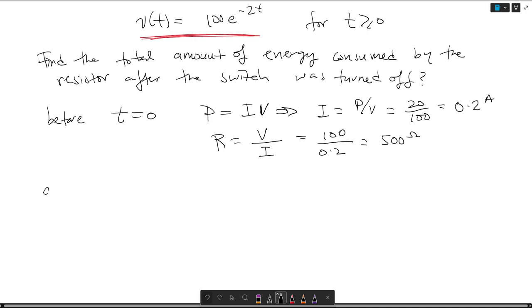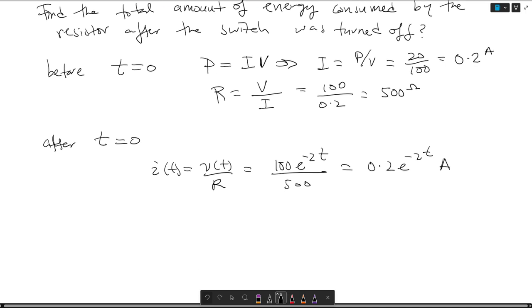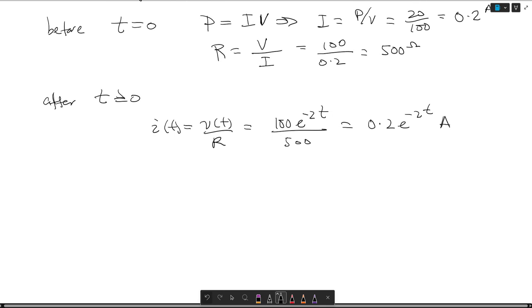And then after t equals 0, so the switch is turned off, i(t) equals v(t) over R, which equals 100 e to the minus 2t over 500, which equals 0.2 e to the minus 2t amps. Again, this is for t greater than or equal to 0.